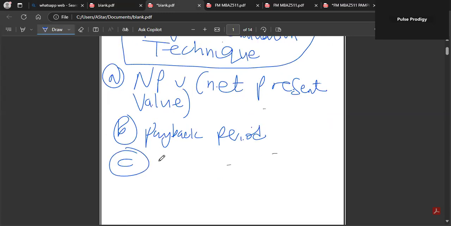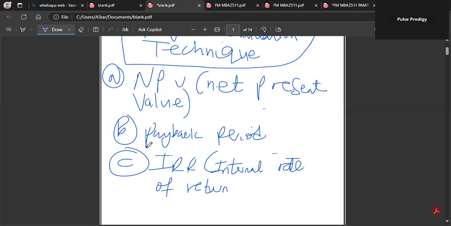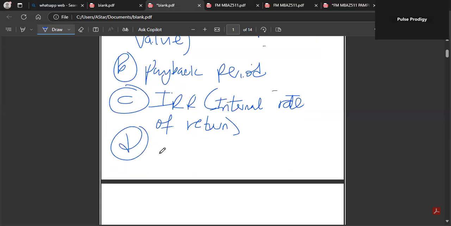Then we have the internal rate of return, and of course the accounting rate of return.